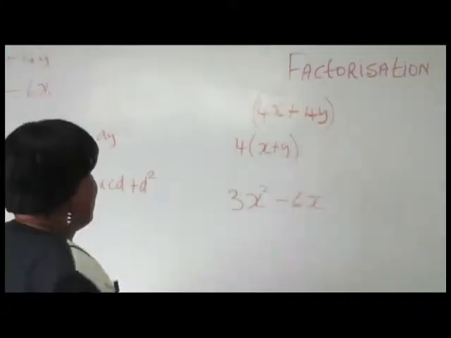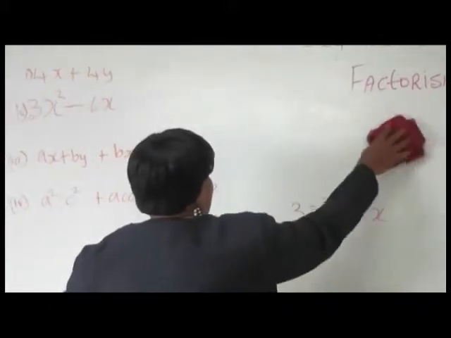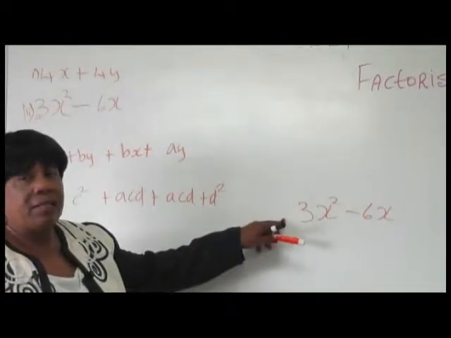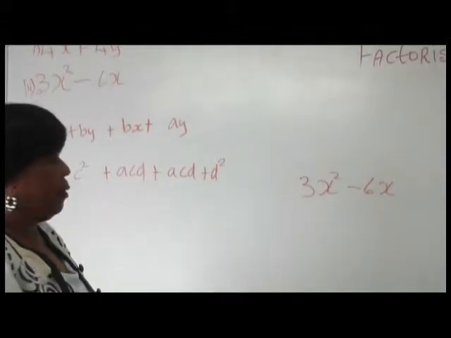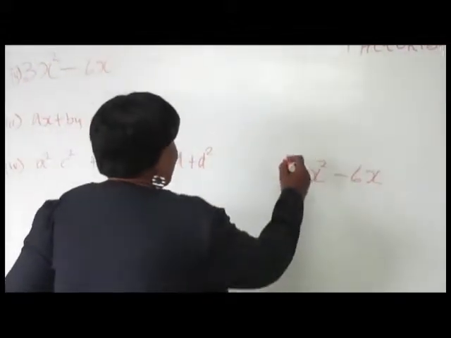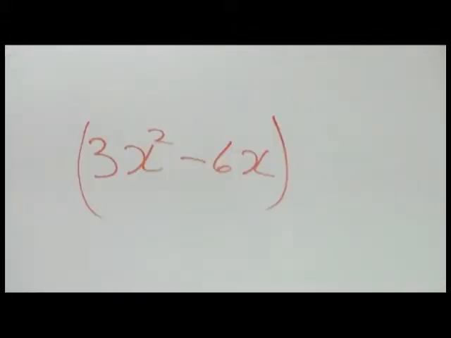Let me take this off so that nobody thinks it is related to what I'm saying right now. 3x squared minus 6x, and we have to factorize it. We're putting up our brackets. This is one term, this is another term, and we're looking for our common factors.